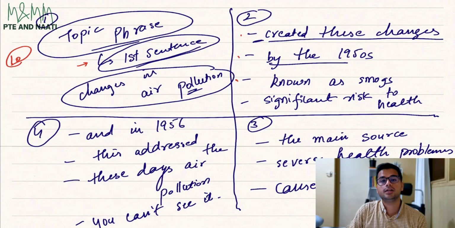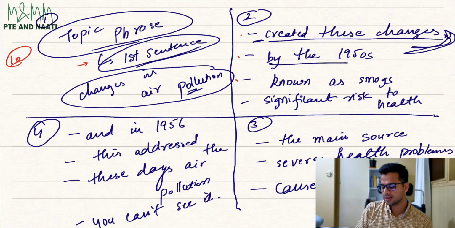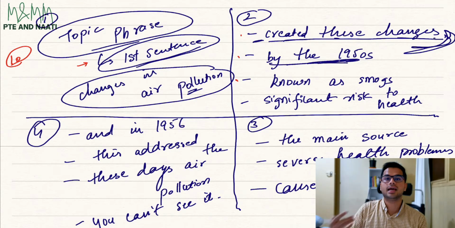Next phrase that I've written is by the 1950s. Now again, that was somewhere from the audio, but I'm not sure where that was spoken. And obviously these two phrases, created these changes by the 1950s, don't make any sense at all together. In the real exam, again, that doesn't really matter.